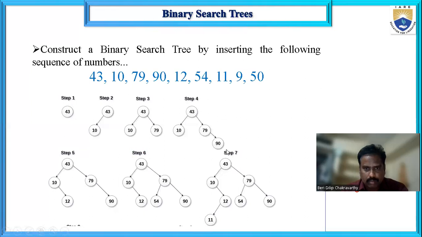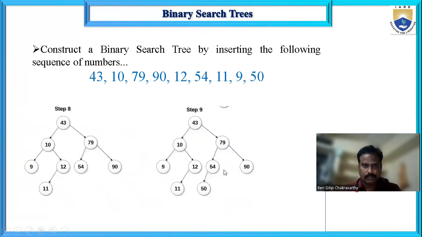Okay. So similarly, I'm going to add 11. I'll be checking with each and every node. If it is greater than, I'll be moving to the right subtree, and if it is less than, I'll be moving to my left subtree. So here also I'm inserting element 11.